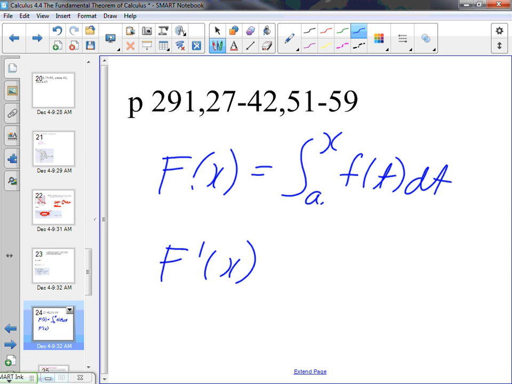That's when you do the second fundamental theorem of calculus. What's the example of one? All the others, when both of your limits of integration are constants.